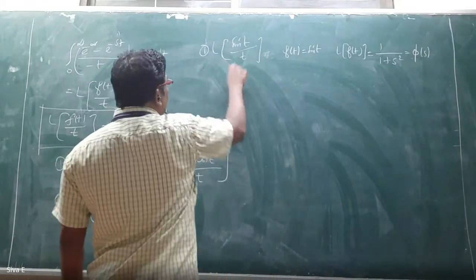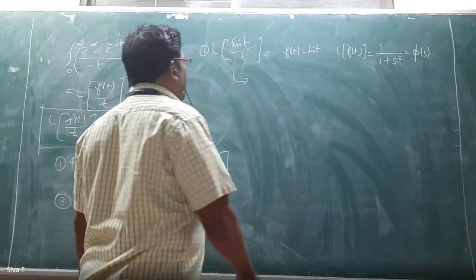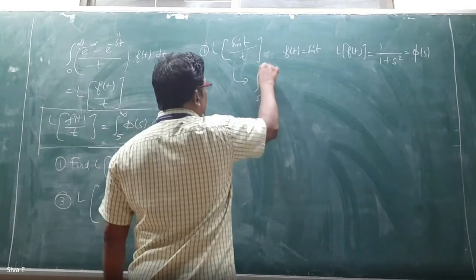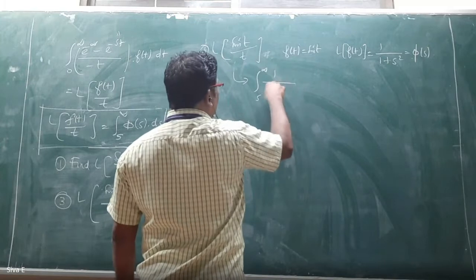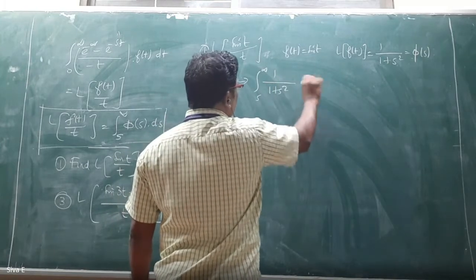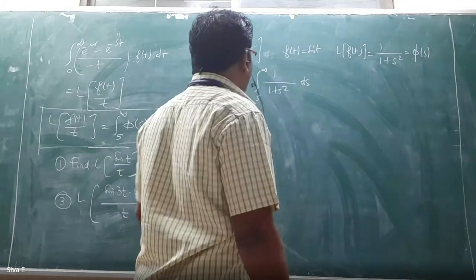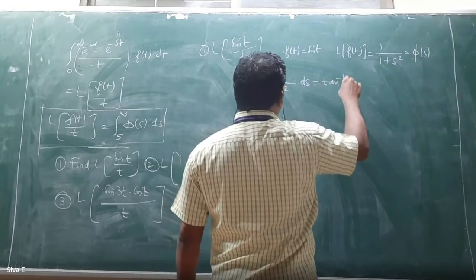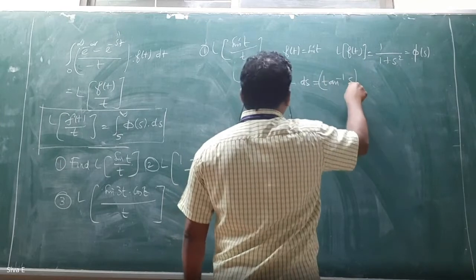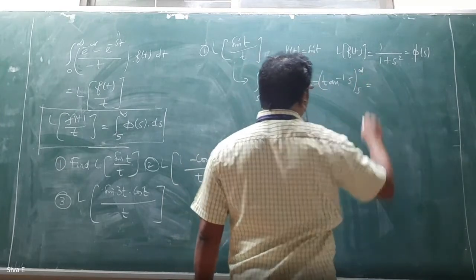Therefore, the Laplace transform of sin t by t is integral over s to infinity phi of s ds, where phi of s is 1 by 1 plus s square. So that is equal to tan inverse of s, over s to infinity.